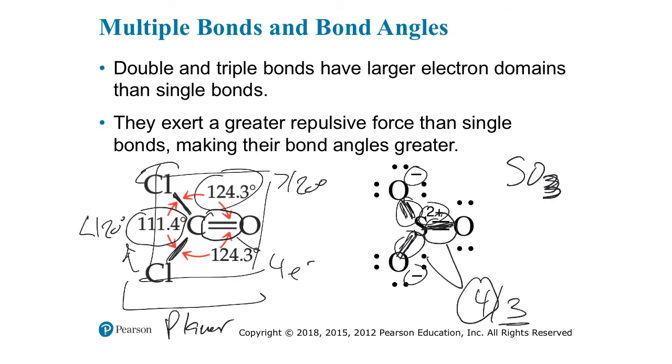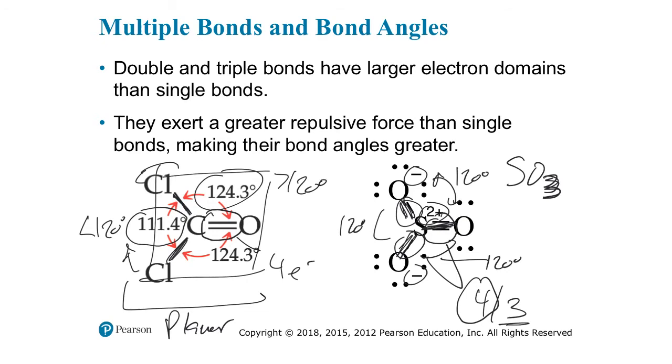And so all the bonds here should be the same length, the same type, the same order, so they exert the same repulsions on each other. So the bond angles here end up being still perfectly 120 degrees. So still 120 degree bond angles in SO3. It looks like the phosgene example, but phosgene has what we call a localized bond, a bond that's localized between the C and the O. So we get a double bond that's always there and never spread across the molecule.